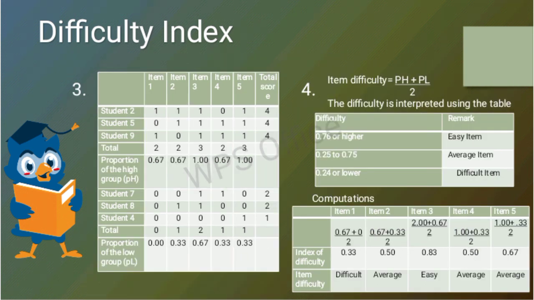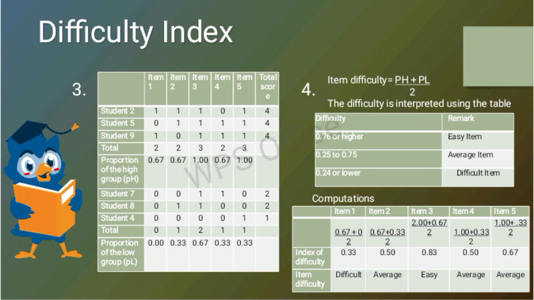Number 3, obtain the proportion of correct for each item. This is computed for the upper 27% group and the lower 27% group. This is done by summating the correct answers per item and dividing it by the total number of students.